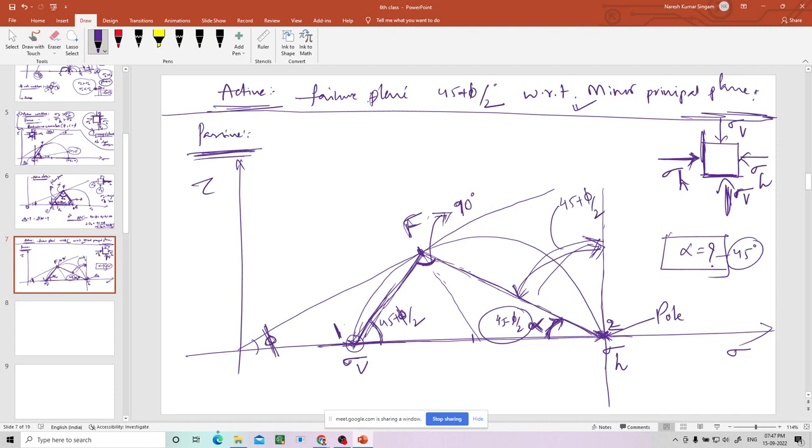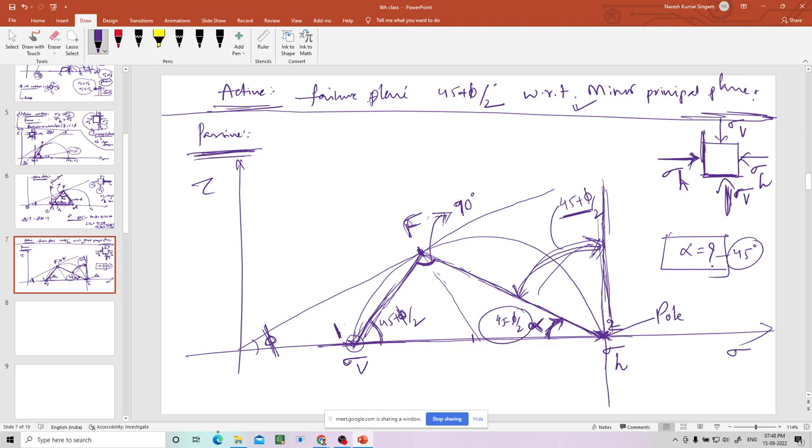Now what is happening in the passive condition? This failure plane is making this much angle, 45 plus phi by 2, with the vertical plane or with the vertical direction, right? Now let us see what is the minor principal stress here.